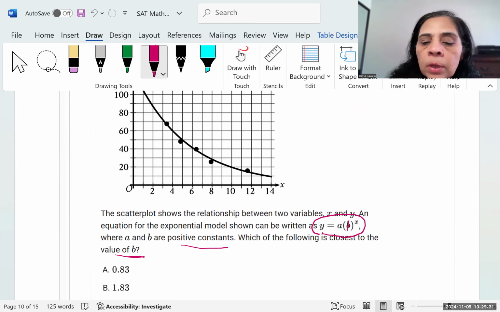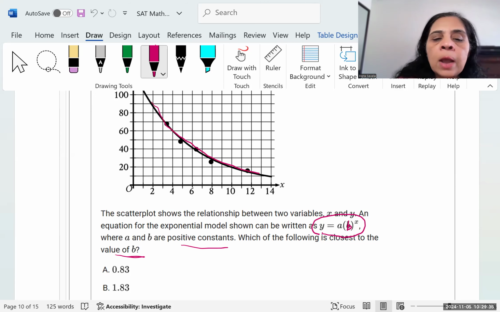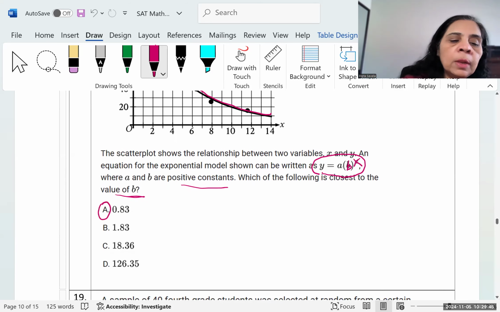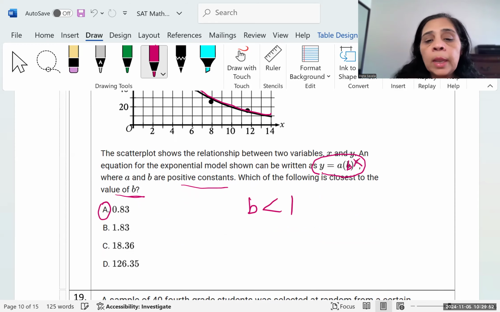So b is the growth factor. Here my graph is going down, that means it's a decay factor. If it's going down and x is positive, b must be less than 1. Whenever the graph is decreasing or decaying, b must be less than 1. If it's increasing, greater than 1.